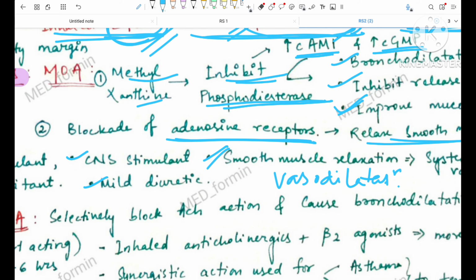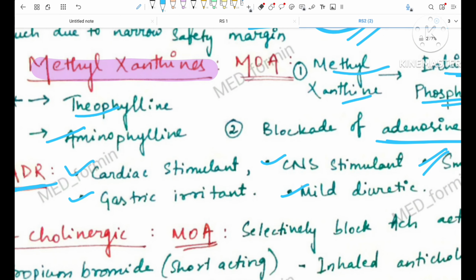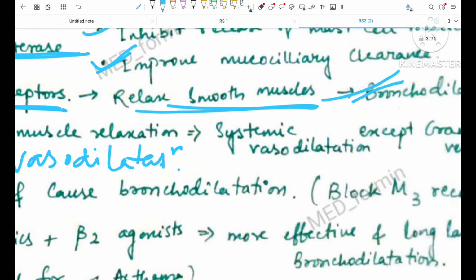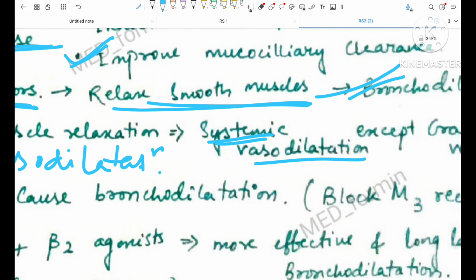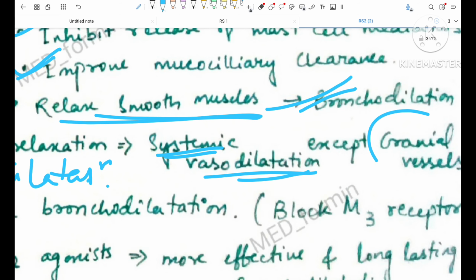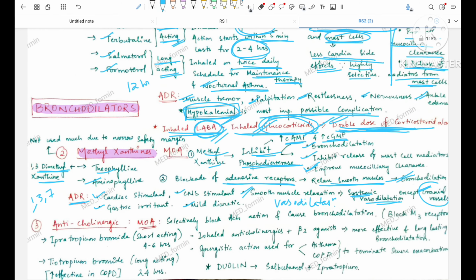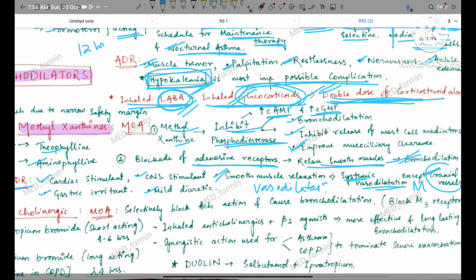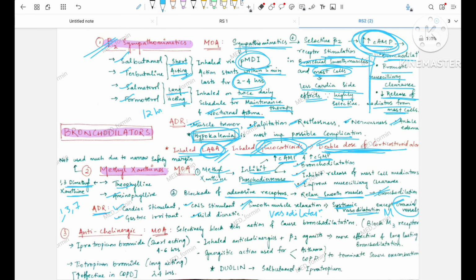If we take a lot of coffee, we can see effects like CNS stimulation and cardiac stimulation. So the adverse effects of methylxanthines are similar. It causes smooth muscle relaxation and vasodilation in most systemic vessels, but not the cranial vessels. In cranial vessels, it has a vasoconstrictive effect, which is why this drug can also be used in the treatment of migraine. So that was about methylxanthines.